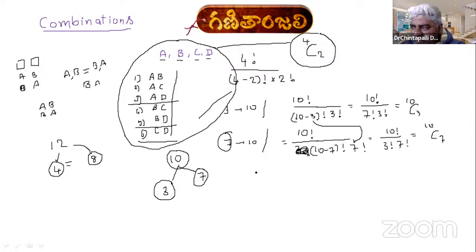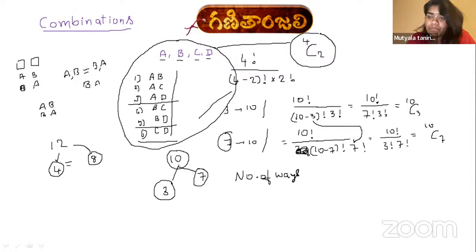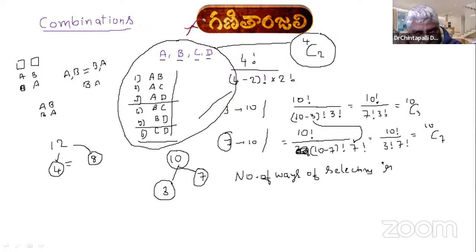Can you tell the number of ways of selecting R things from N things?